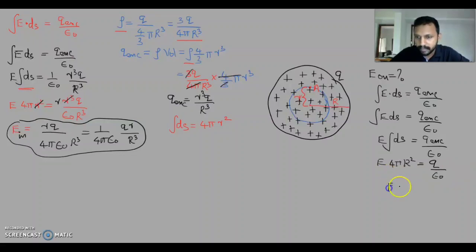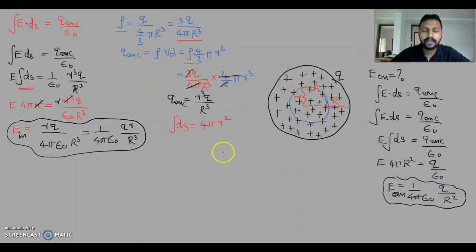And we will get the equation as E is equal to, taking this term to the other side and rearranging, 1 by 4 pi epsilon 0 Q by capital R square. This is the electric field intensity on the surface. We are getting an equation like this.